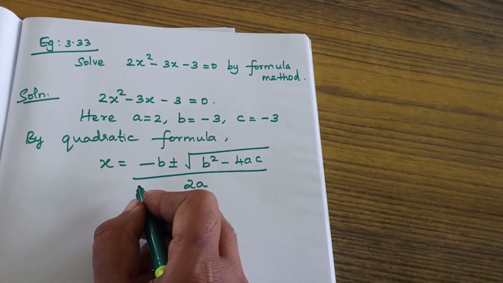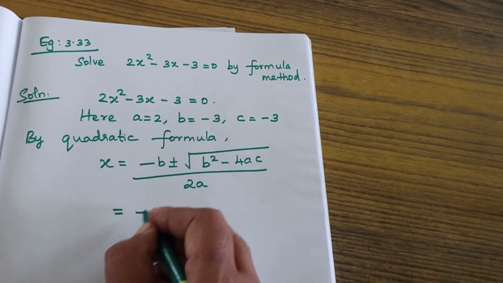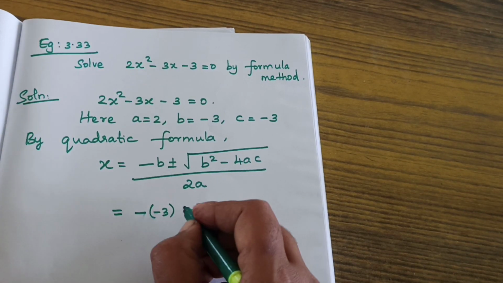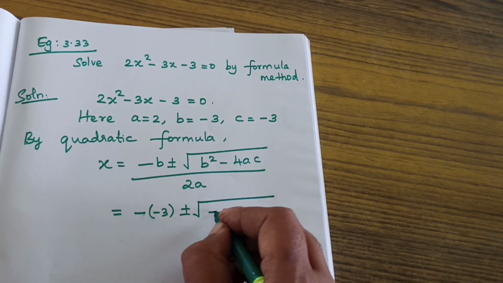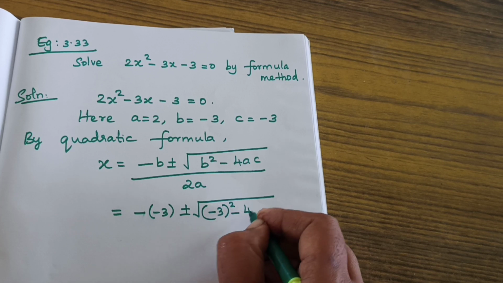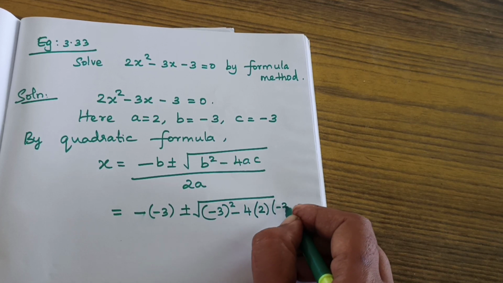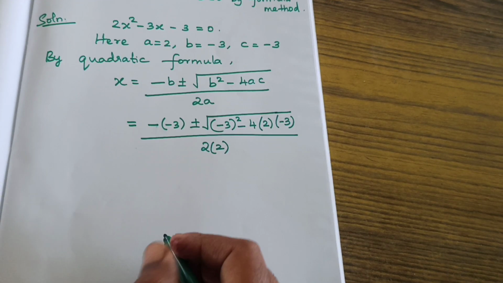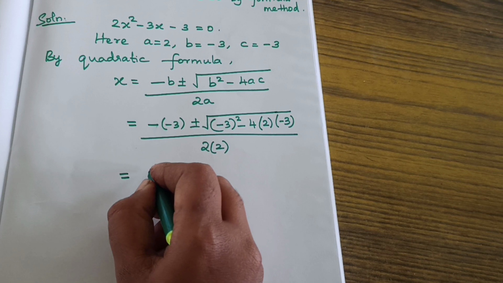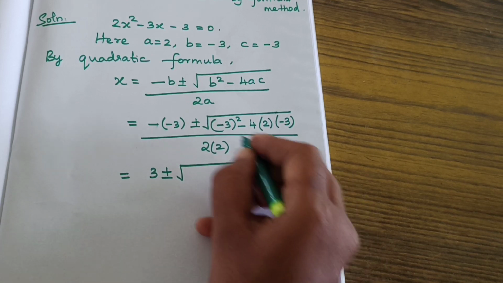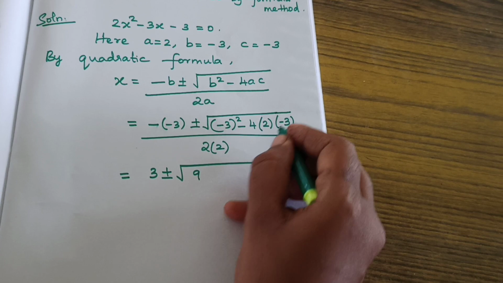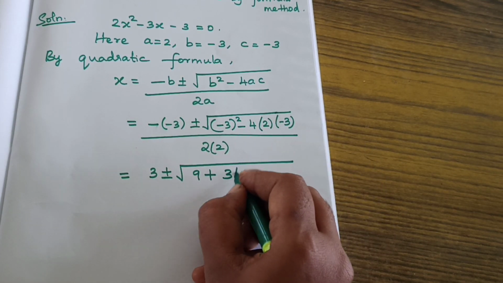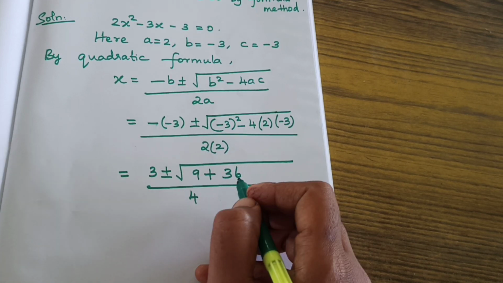the whole divided by 2a, okay, which is equal to minus b, minus 3. This one formula minus, this one b value minus, okay, plus or minus square root of b square, minus 3 the whole square, minus 4, a value 2, c value minus 3, the whole divided by 2 into 2, because a value 2, which is equal to minus into minus plus, plus or minus 3 square is 9, minus into minus plus 4 3s are 12, 12 2s are 24.